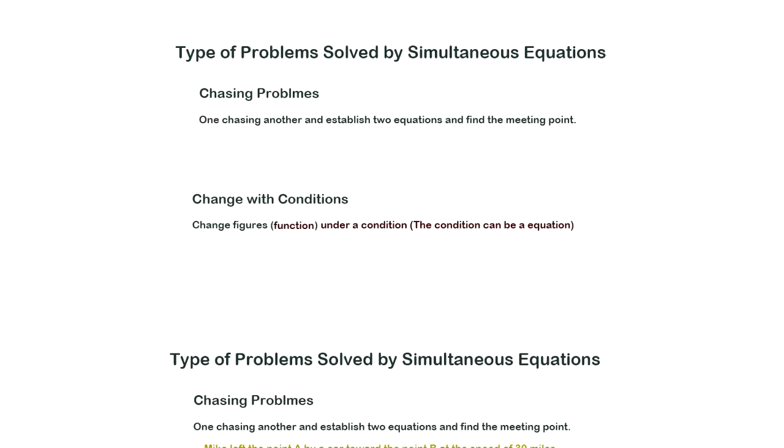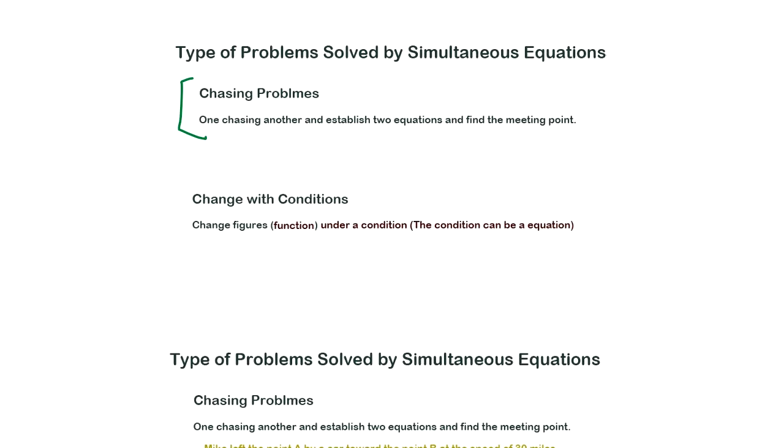Now we have the algebra. There are a lot of word problems, but two main subjects are often used. One is the chasing problem. Chasing problem is two different speeds, like a car and a train, or Mike and Kathy, or even a tank with pouring water and draining water.